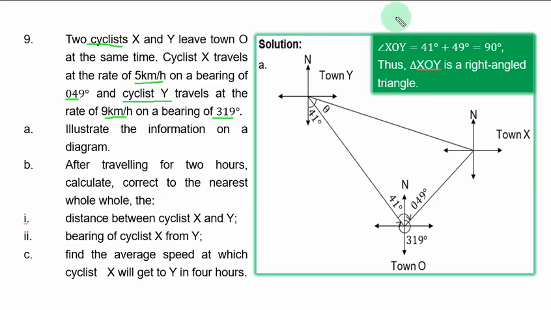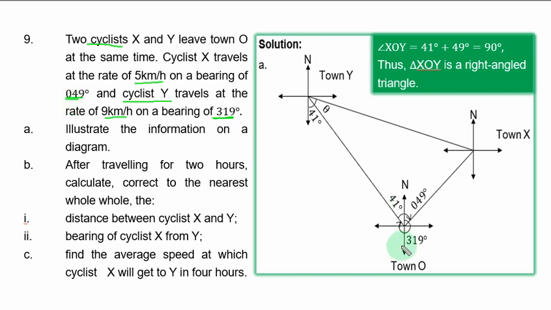So you have the solution. A part of the question: the two cyclists S and Y both journeyed from town O. The bearing of S from O is 049 degrees, and the bearing of Y from O is 319 degrees. Now 049 is in the first quadrant and 319 is in the fourth quadrant.